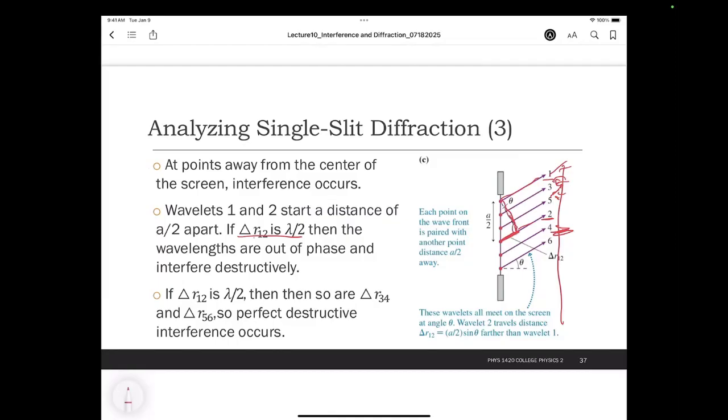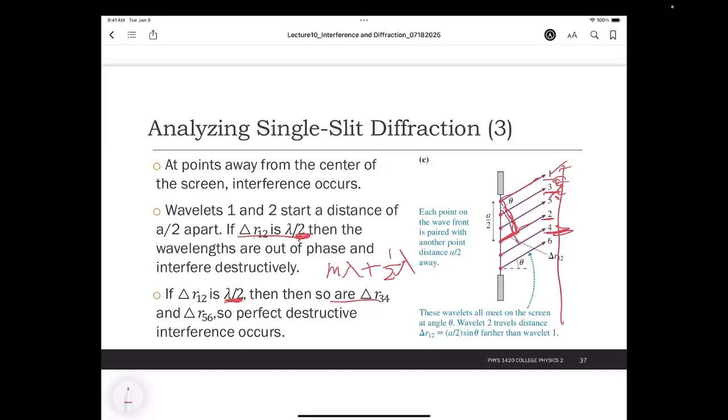Because we talked about that, if the distance is half a wavelength, or a multiple of wavelengths plus half a wavelength, they are out of phase and interfere destructively. If delta r, the distance between r1 and r2, is half lambda, then so are r3 and r4. It's a similar thing.